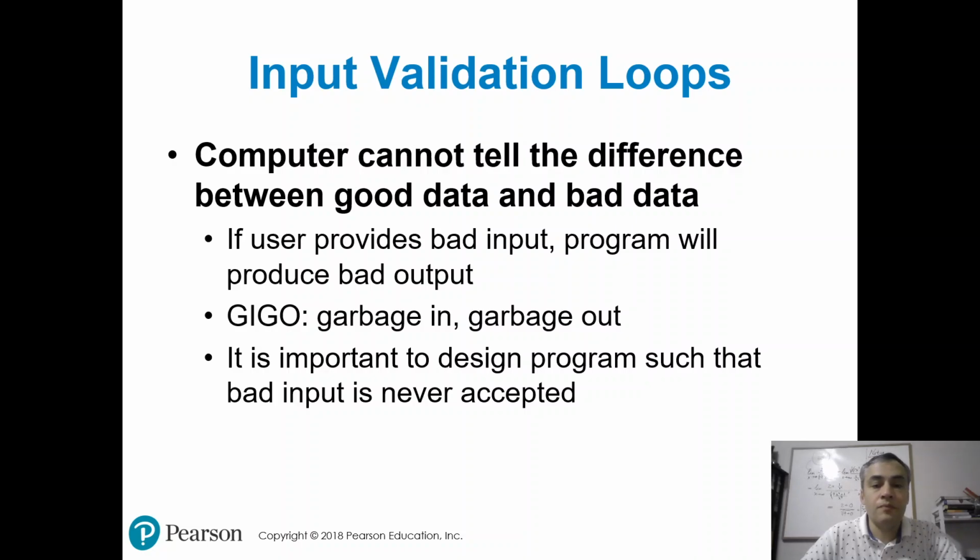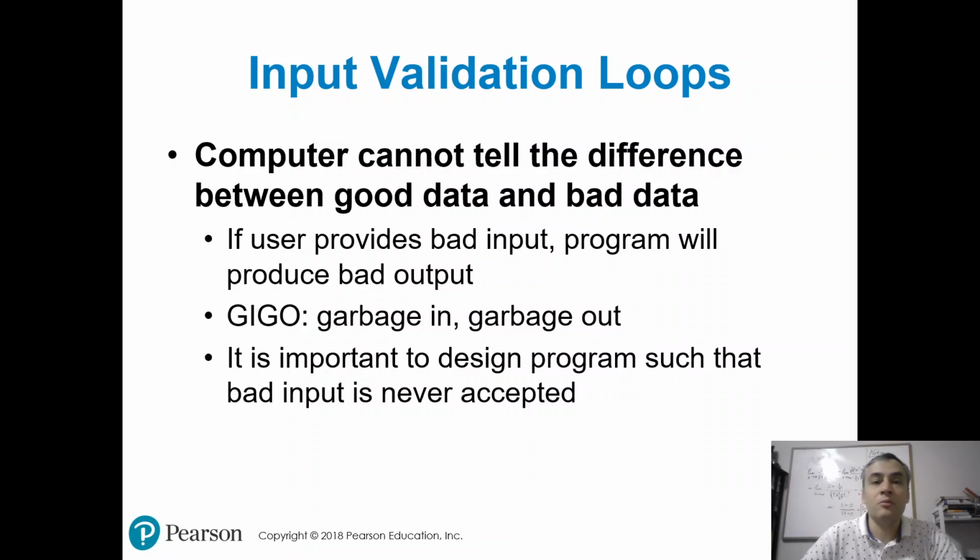So if a user provides bad input, it's better to handle it and let the user know that this is not what the program is designed for. Otherwise the program will run, produce bad output, and the user will be clueless about the fact that the output is bad.